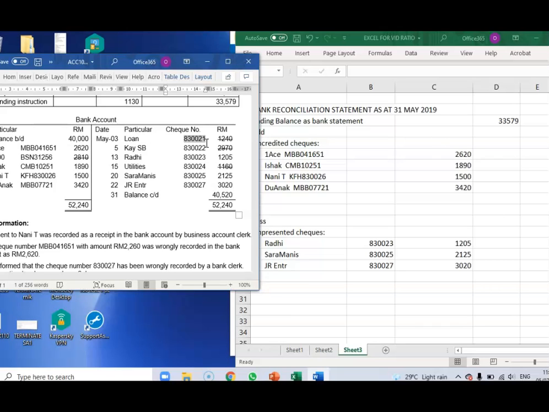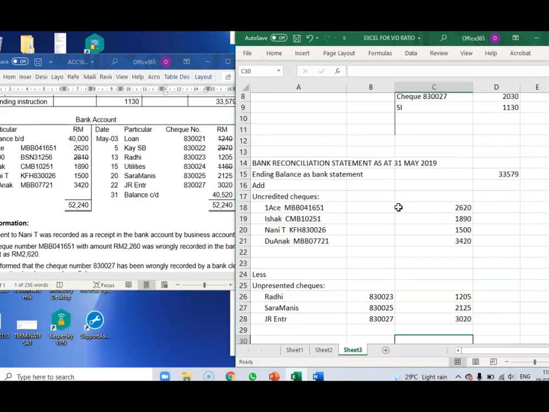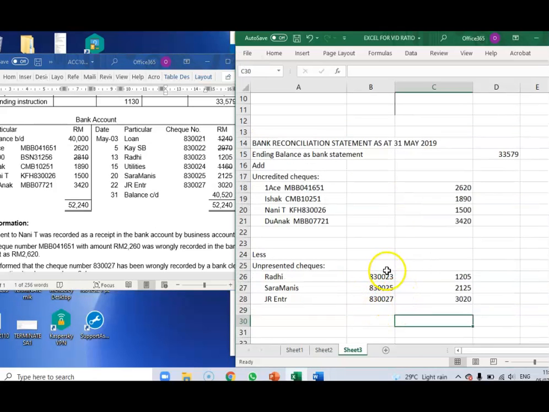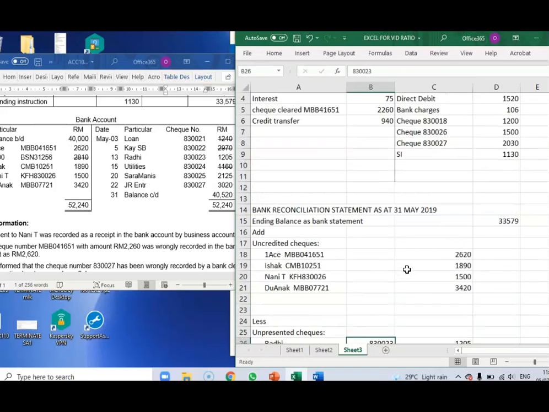So we would assume that those particular checks have been reconciled last month. Any checks before 830021 should be slashed out and will not be taken in our explanations. So let's have a look. The check number 23 is still more than 21.